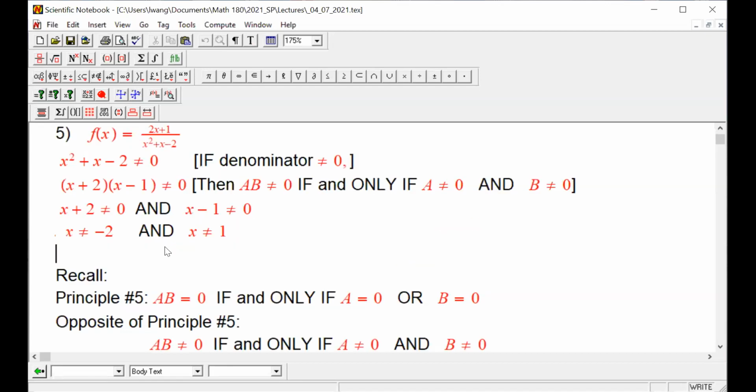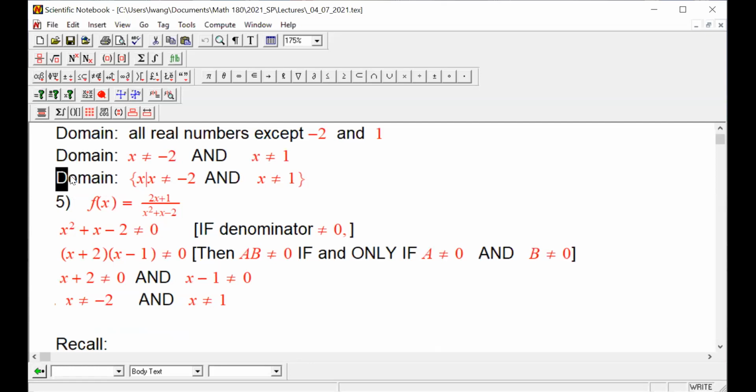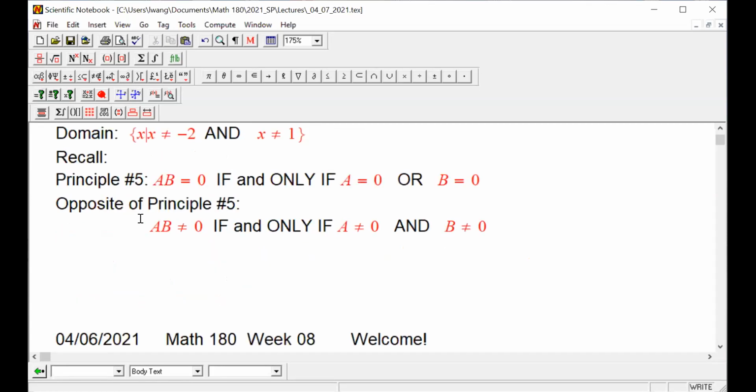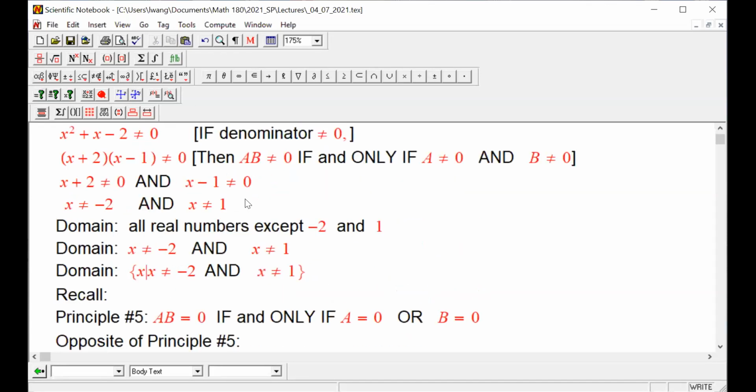So in the end, of course, you get the same conclusion for the domain. Just a slightly different narrative, same thing.